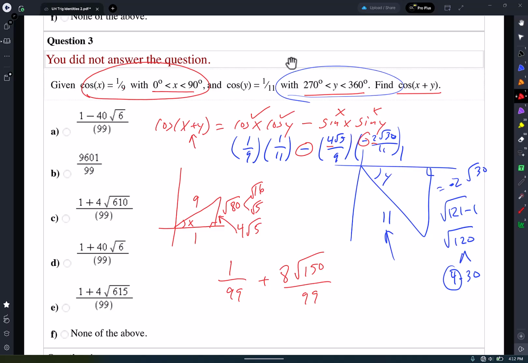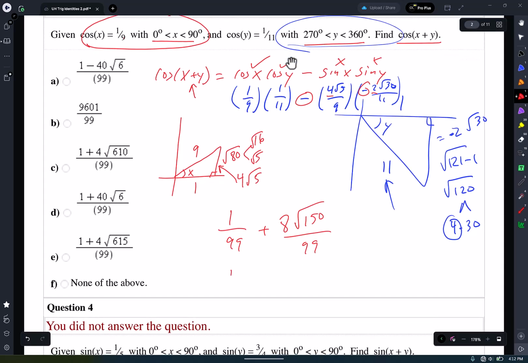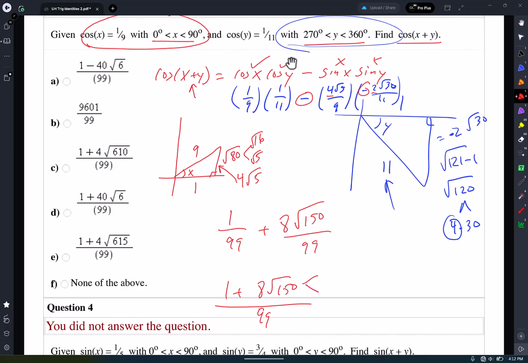Okay, we're going to break it down, sorry. 1/99, well, I guess since the numbers are 99, we're going to go 1 plus 8 square root of 150 over 99. But I can get 150 by doing 25 times 6.